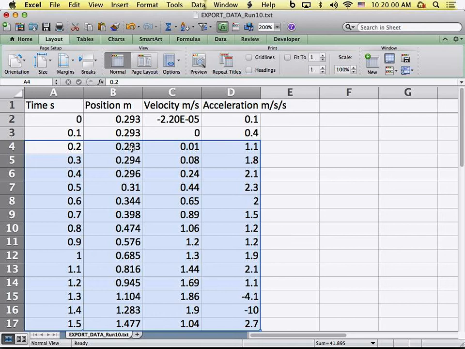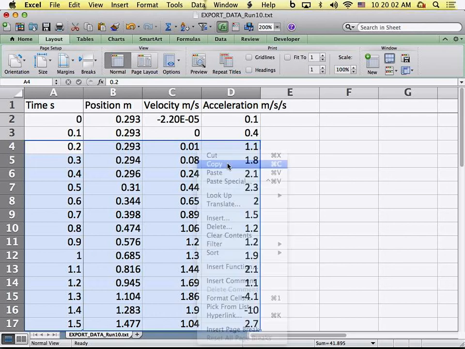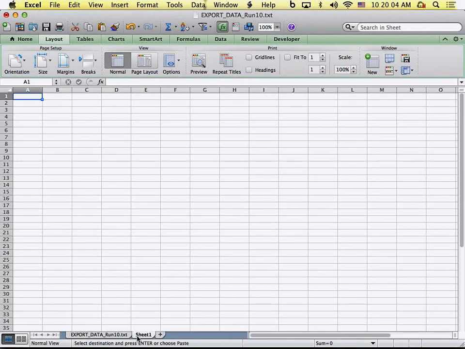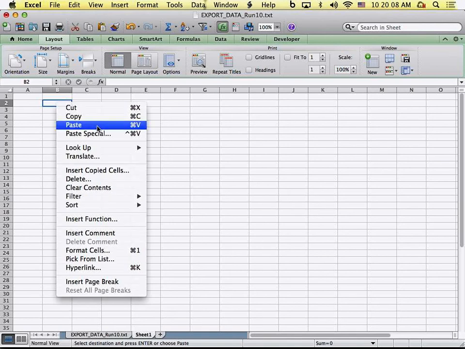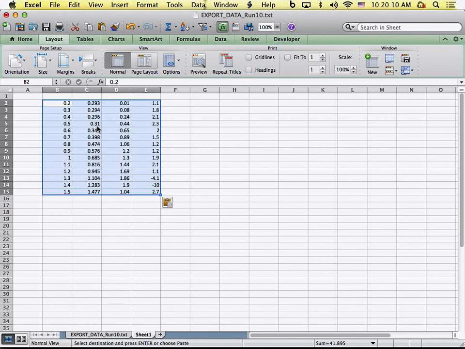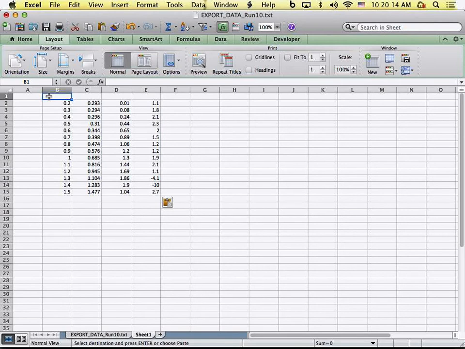Right? So if I choose this, select it, copy, create a new sheet, and now I can just paste that in, and I can call this trial whatever. I don't know if that was trial 10, but whatever, you know what I mean.